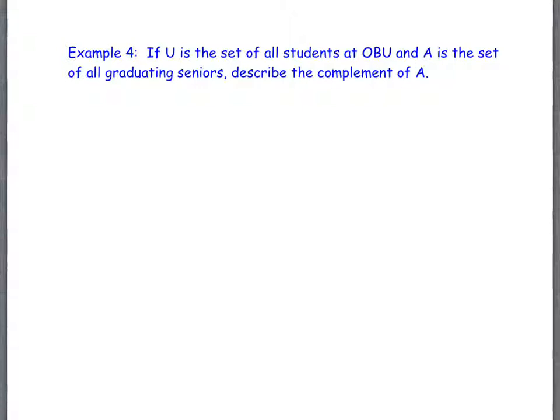So what is A complement? First of all, it's all OBU students who satisfy a condition, right? Because it still has to be inside the OBU rectangle. So this is all OBU students.